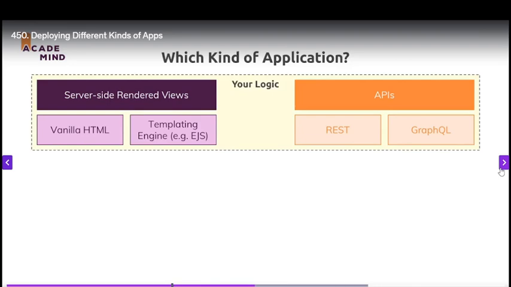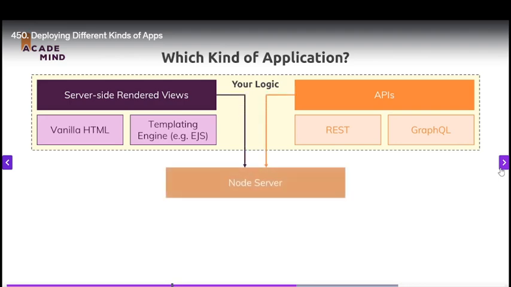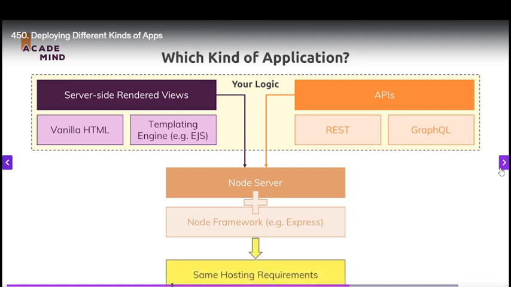In the end, when we look at it from a technical perspective, in both kinds of applications, we start a normal Node server and we use a Node framework, in this case, the most popular one, Express. And therefore, these types of applications have the same hosting requirements.